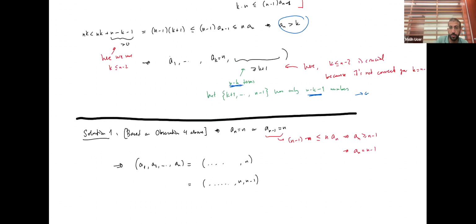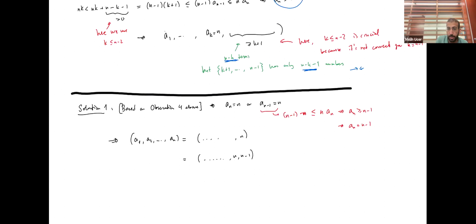Now the next observation is that these numbers are irrelevant to the rest, because this will definitely satisfy the inequalities with the others. So there is a permutation here already, and what remains is a permutation of n minus 1.